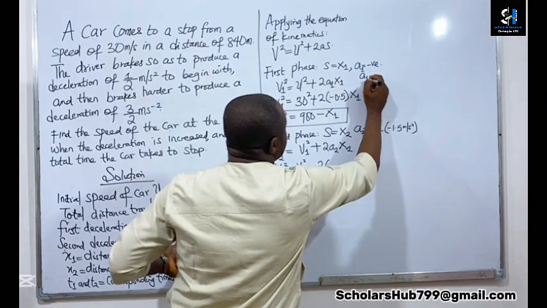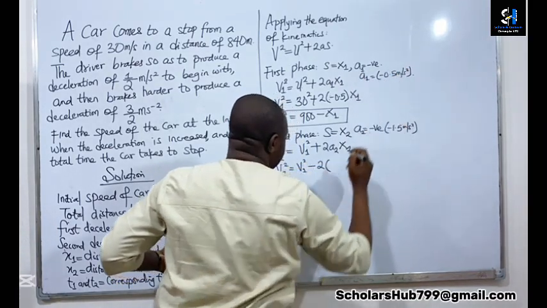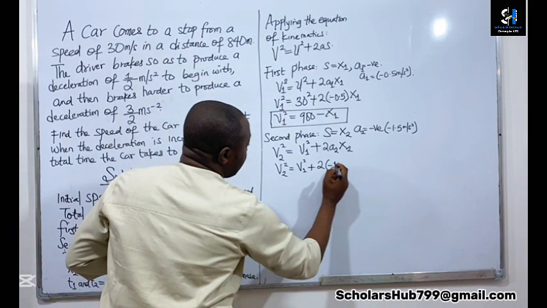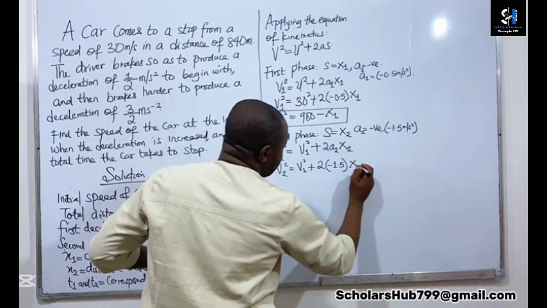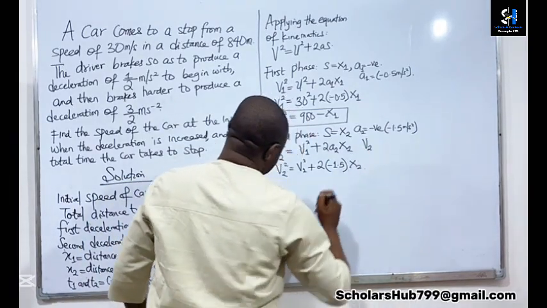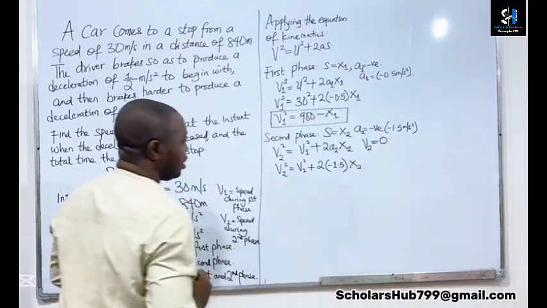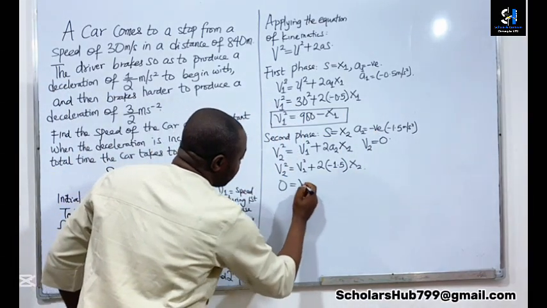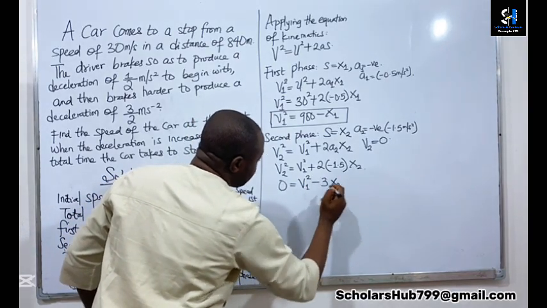So for this one, we have minus 1.5 meters per second squared, then multiplied by x2. Then again, we know that the velocity during the second phase must be equal to 0. So when this is equal to 0, what we have here is v1 squared minus 3x2.